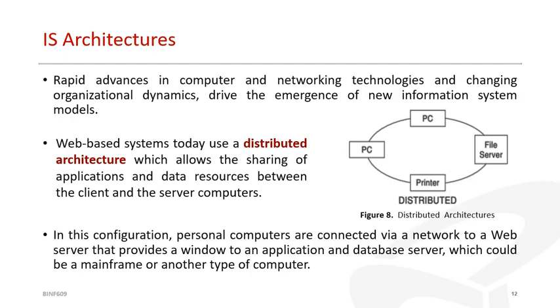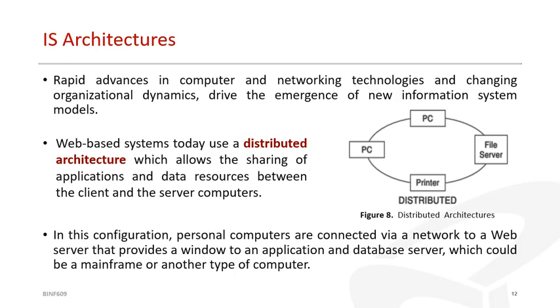In this configuration, personal computers are connected via a computer network to a web server that provides a window to an application and database servers, which could be a mainframe or another type of computer.